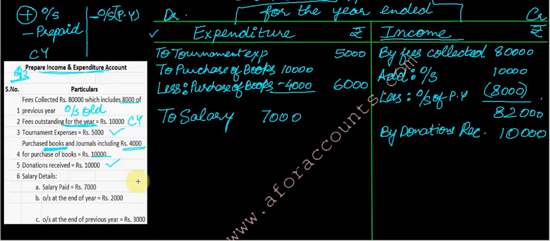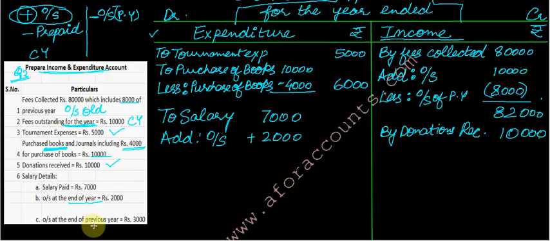Now additional information. Outstanding at the end of the year. So my formula is for end of the year, for current year, add outstanding. So add outstanding 2,000. This is add outstanding.